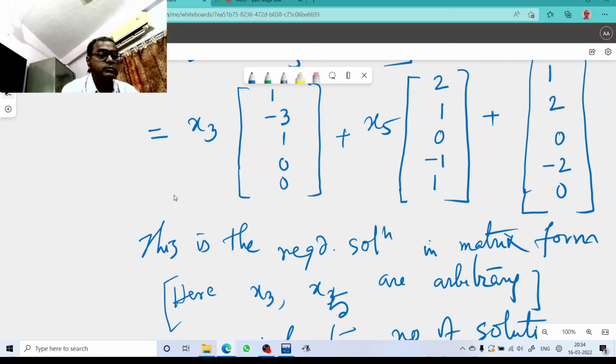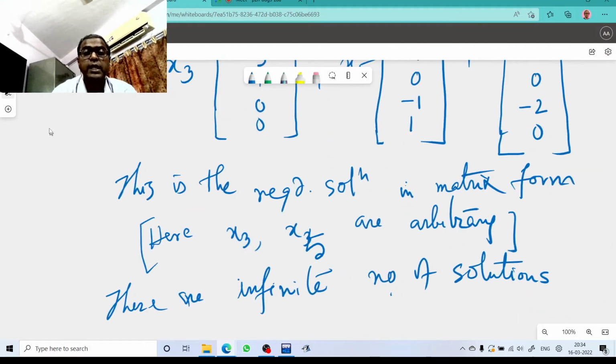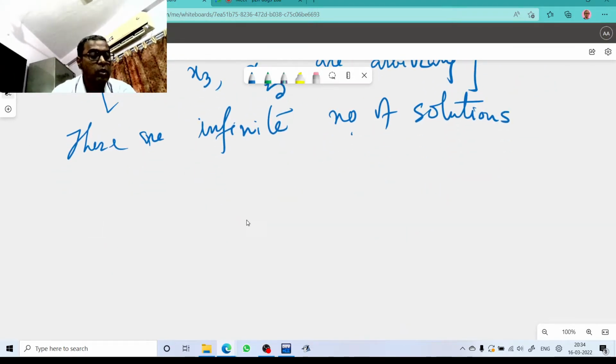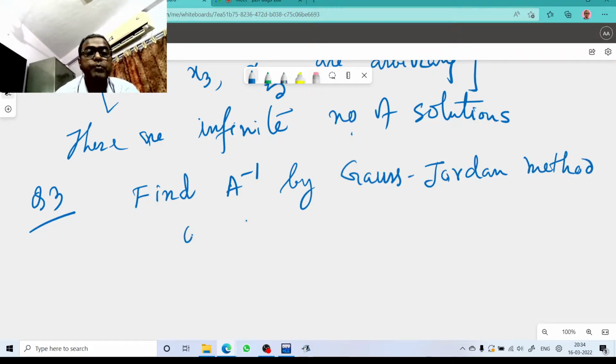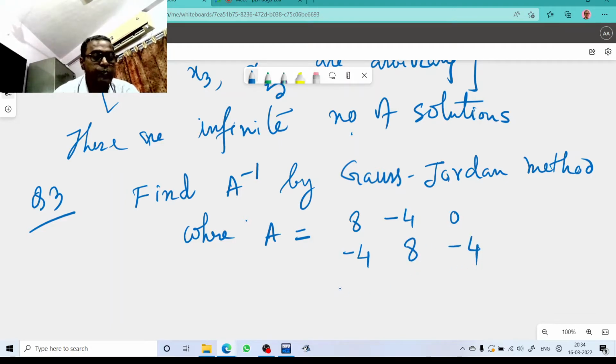Next example. Example 3: find A inverse by Gauss-Jordan method, where A equals 8 minus 4 0, minus 4 8 minus 4, 0 minus 4 8.